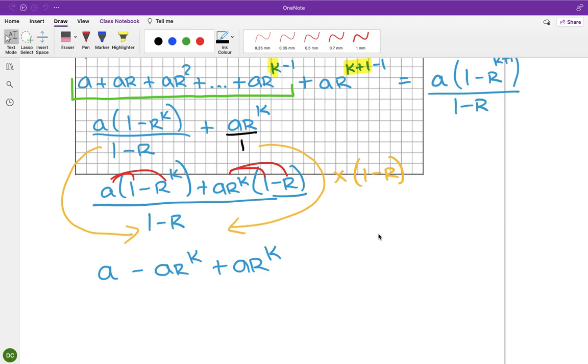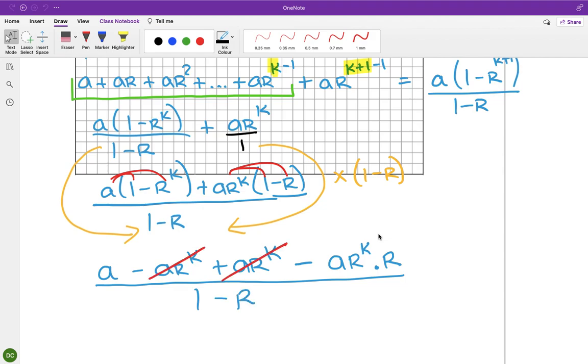I don't know, so I'm just not going to do it. So plus by minus is a minus, and then it's ar to the k times r. It's the a that's throwing me. Anyway, I'll figure it out now. They cancel, which is nice.